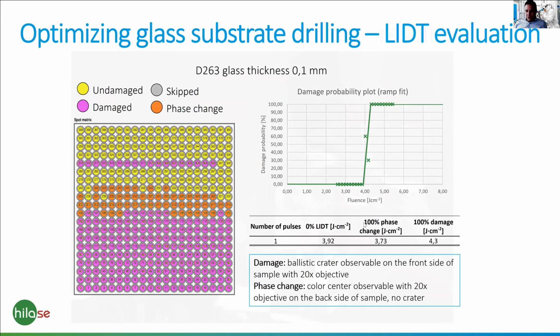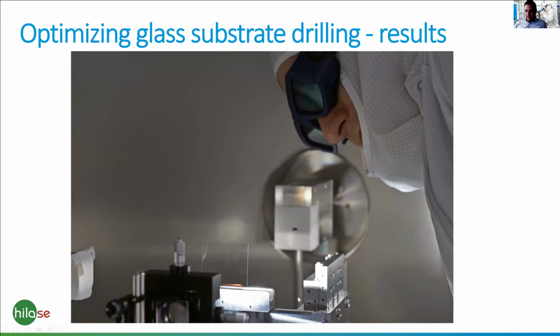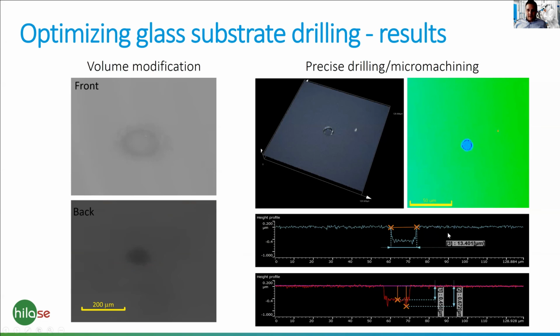So when we use this knowledge in our chamber, in our setup, we were able to treat the glass in a right design, meaning that we induced volume modification on the glass sample without damaging the surface, and we found out how to ablate very precisely certain region or certain area of the material without causing the cracks or any side damage around the hole.